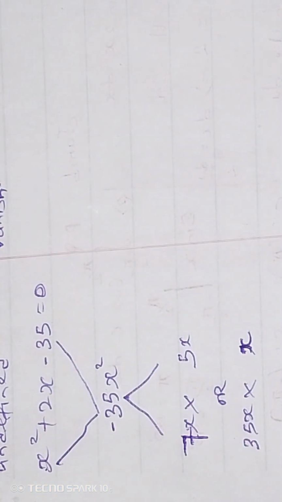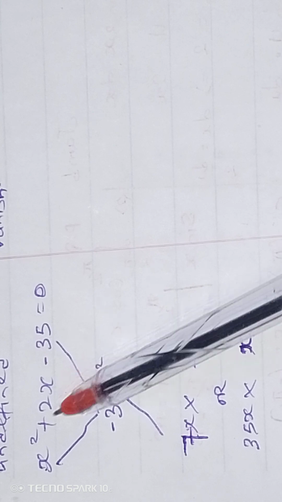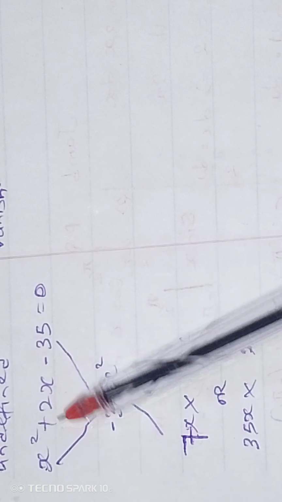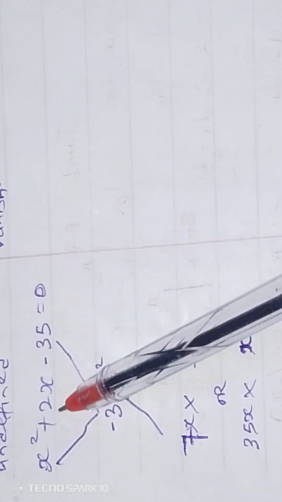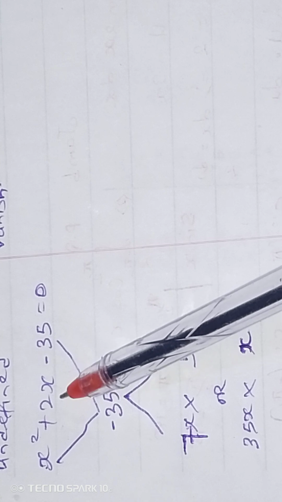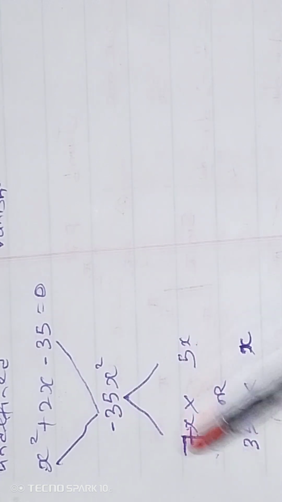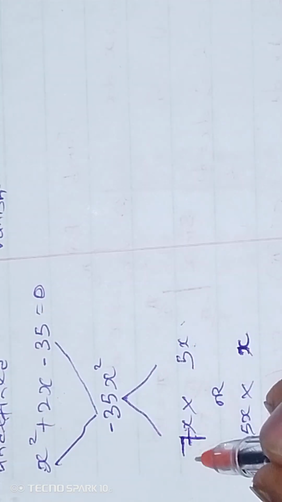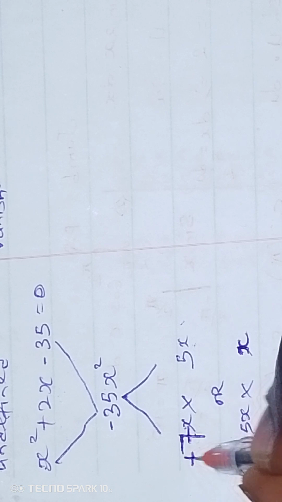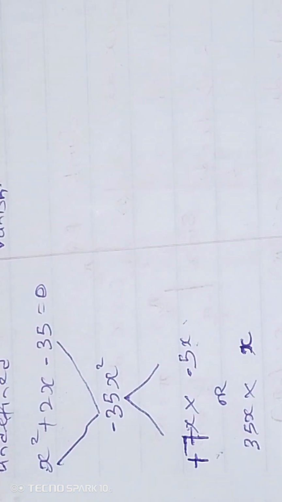Now, the smartest way to decide which number will take the negative or the positive is to go to the sum, which is this 2x. What is the sign of the 2x? It is plus. So the sign of this 2x, which is plus, will go to the bigger one of the two. The bigger one is the 7. So this will be the plus, and we give the negative to the 5x.